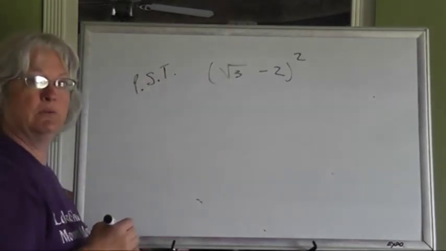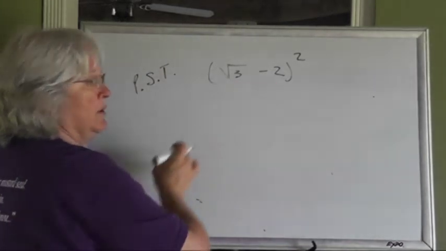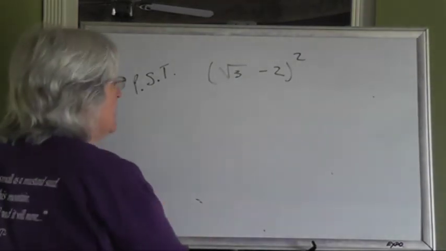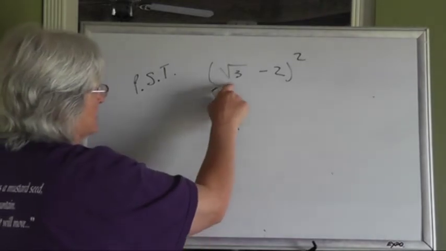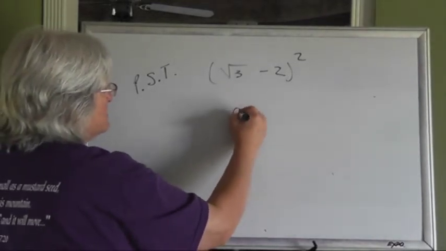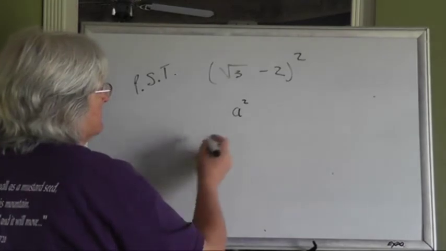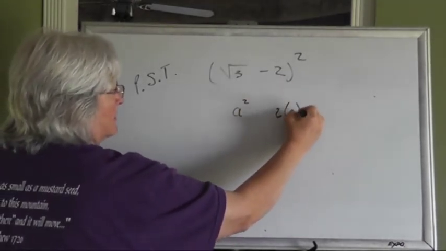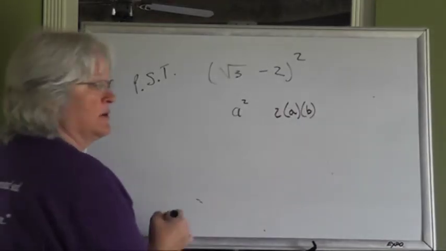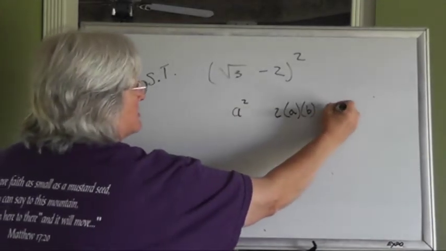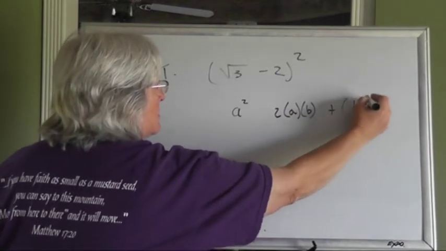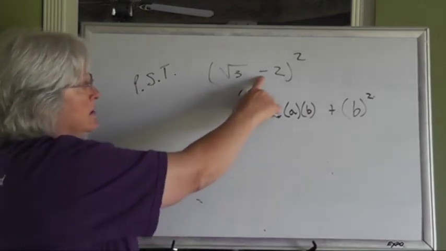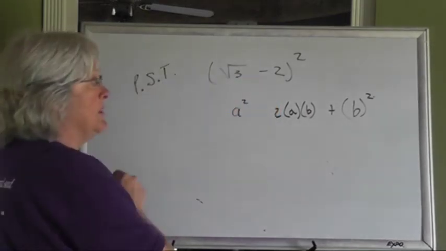If you recognize where you have a binomial factor that is used twice, the solution to this is the first term squared, twice the product of the first and last terms, plus the last term squared. This middle sign here is the sign that's in your binomial factor.